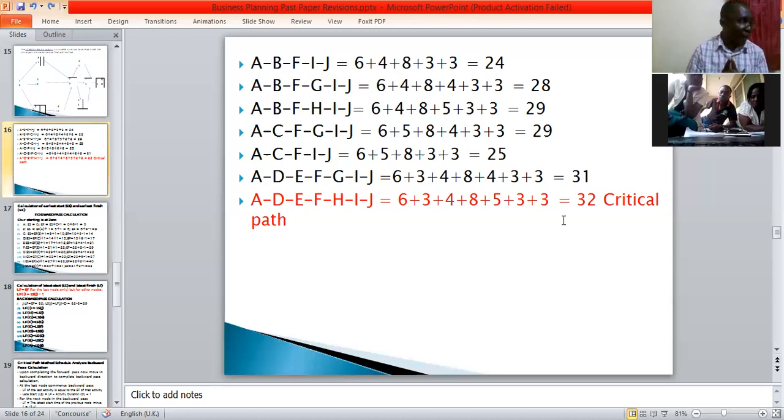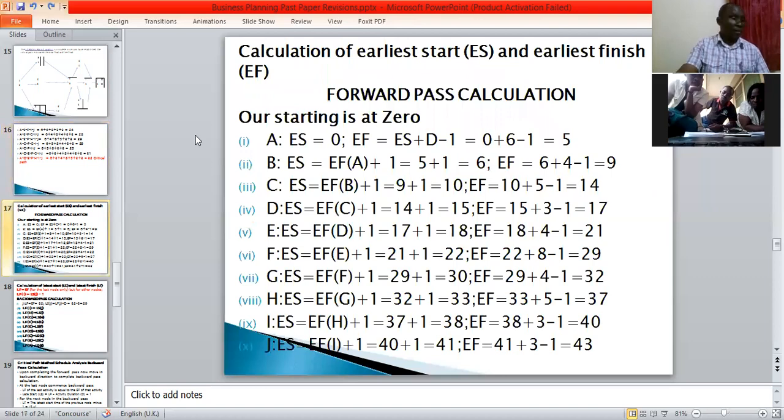Thank you. So once we identify the critical path, then we can start struggling now with other issues. You want to calculate the earliest start time and the earliest finishing time. And you are supposed to calculate the latest start time and the latest finishing time. But in your question paper, they only wanted you to calculate the earliest and the latest start time.